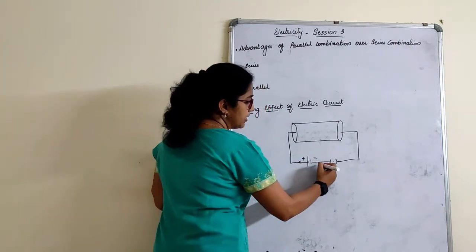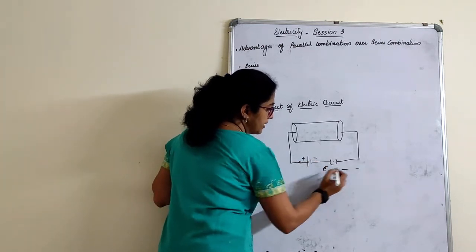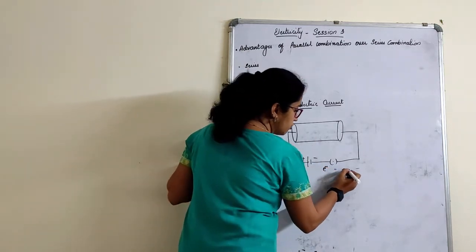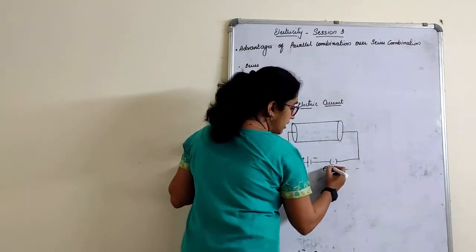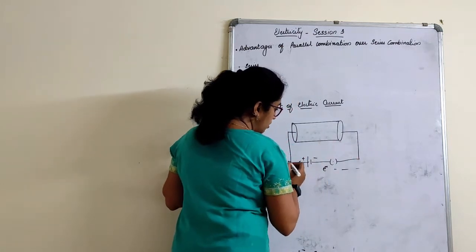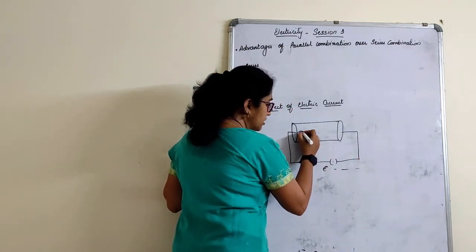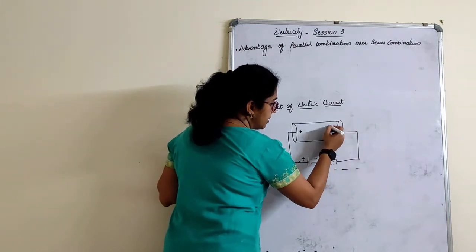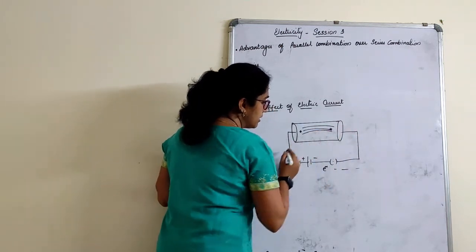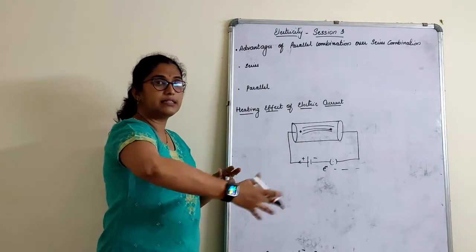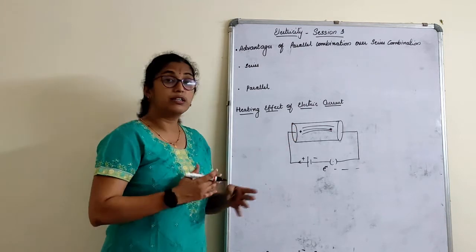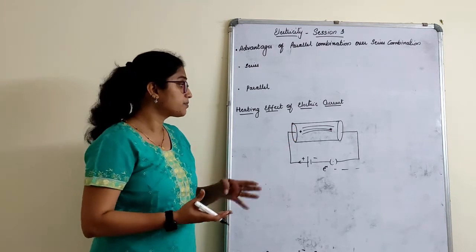Current is flowing in this direction, and electrons are moving in the opposite direction. Electrons are negatively charged, right? So this is plus and this is minus. The electrons moving here get deposited. Then once the current flows, they start moving, collisions happen. Then what is the heat generated here?